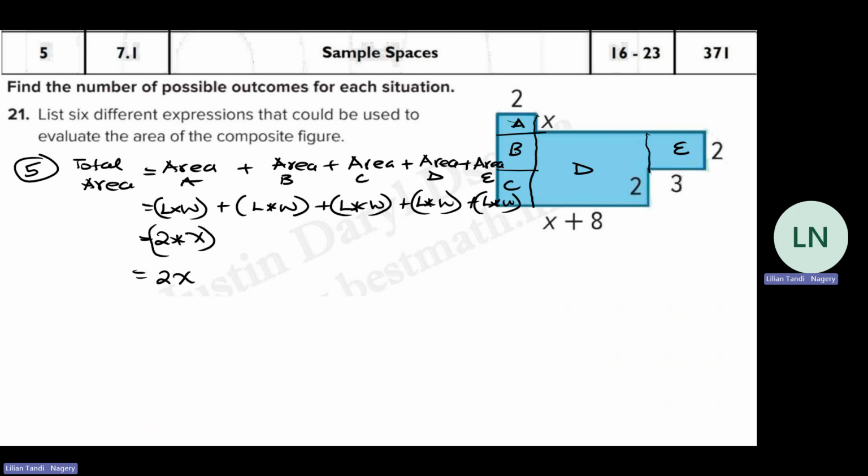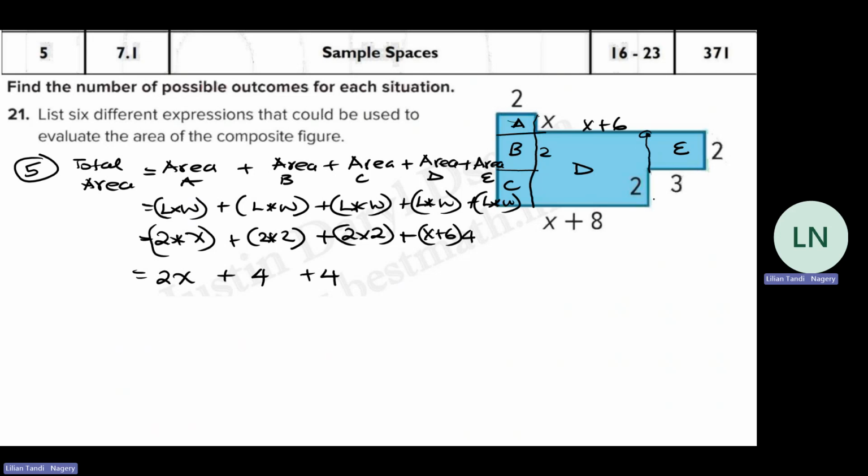Area B will be 2 times 2. So here will be 2 times 2. Area C will be 2 times 2. So this is 4 and this is 4, plus length times width. This will be x plus 6, and then this distance will be 4.